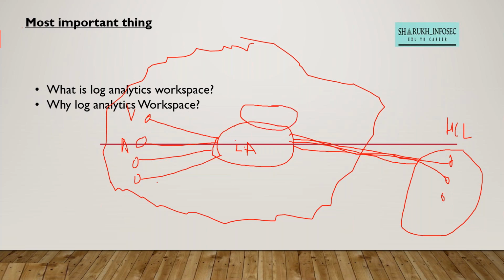Storage and everything is happening here. You launch Microsoft Sentinel here, and the rules and everything are created here. Sentinel is just reading this data. It is correlating it, generating alerts, and populating dashboards and everything. That's how this thing is working.